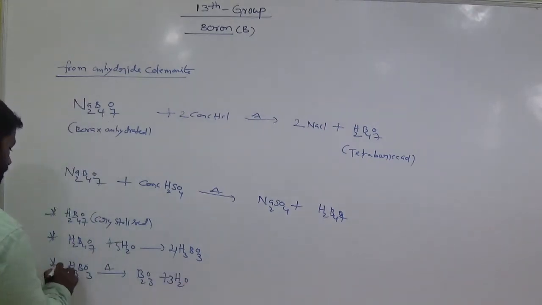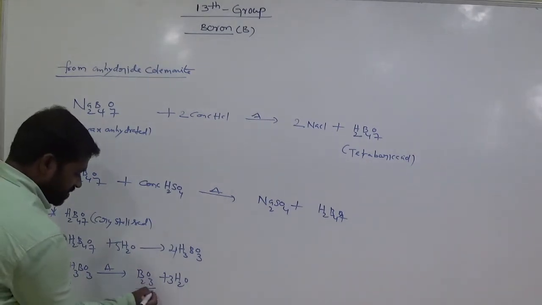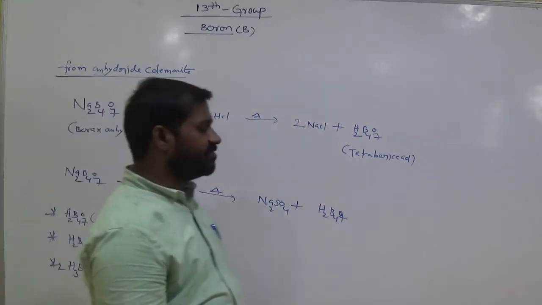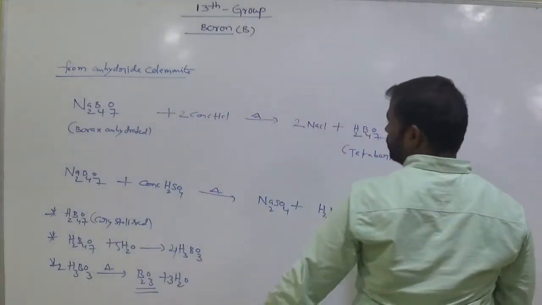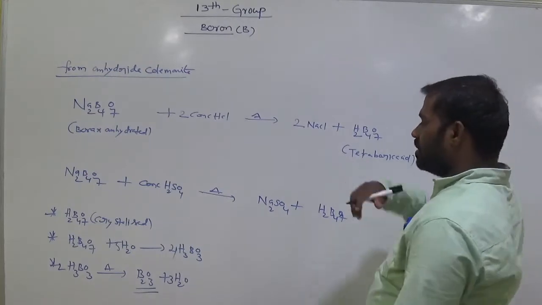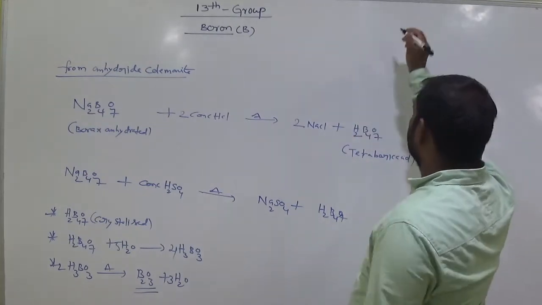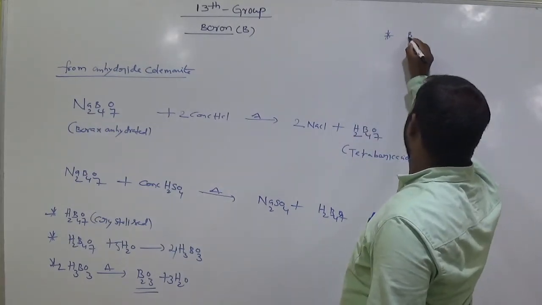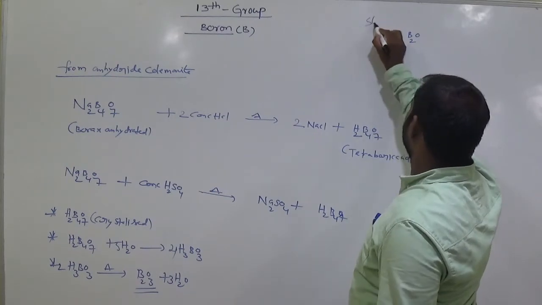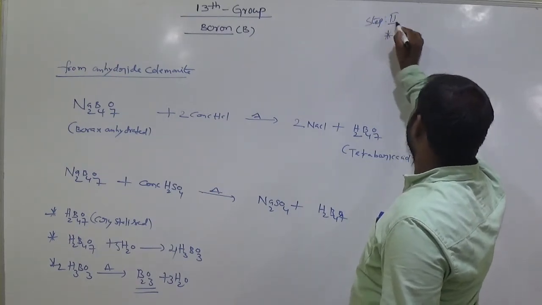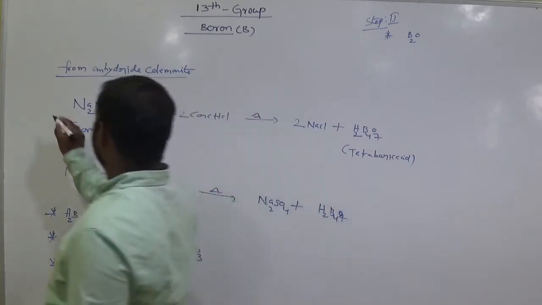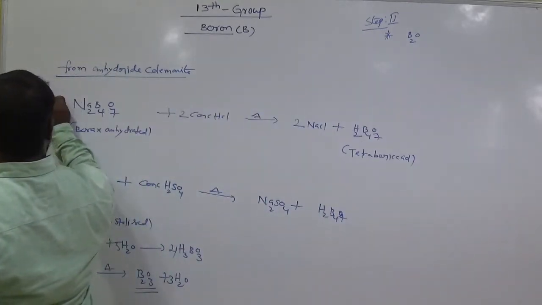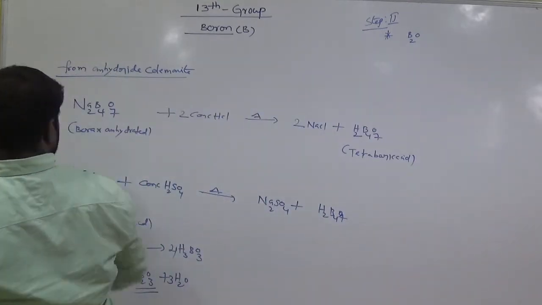Clear? Okay students, so this is the boric anhydride which we prepared in the first step by the colemanite process. And further, what do we do? This B2O3, step 2. This is entirely step 1 from colemanite.